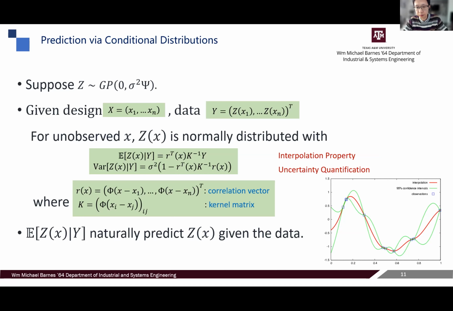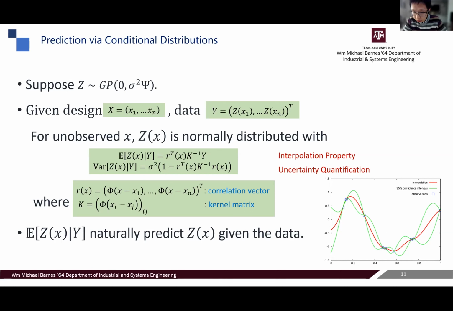One of the major differences between a GP model and other models is that a GP model can give not only a point prediction, given by the red curve, it can also give a confidence interval at each point, shown by the green lines. The interval between these two green curves indicates the predictive uncertainty, the 95% confidence interval for the predicted point.